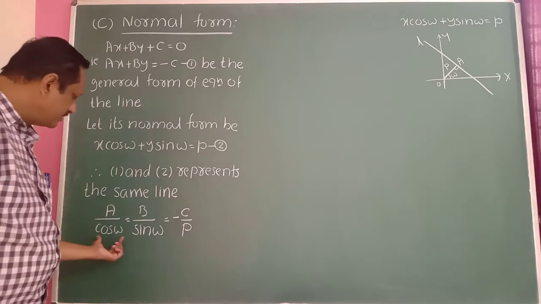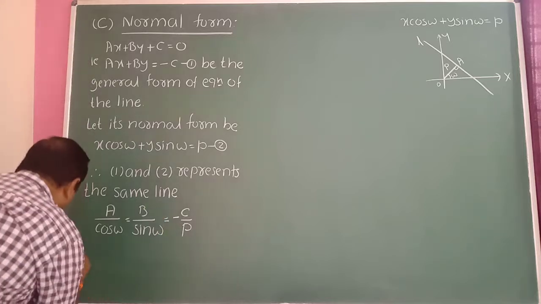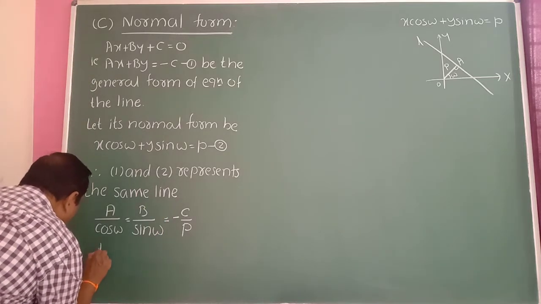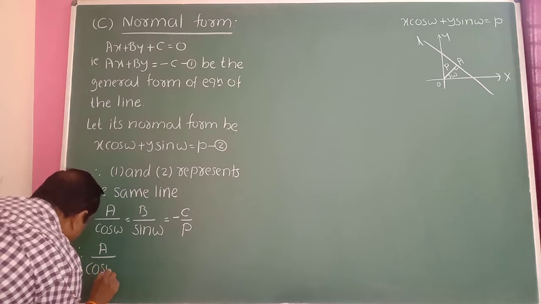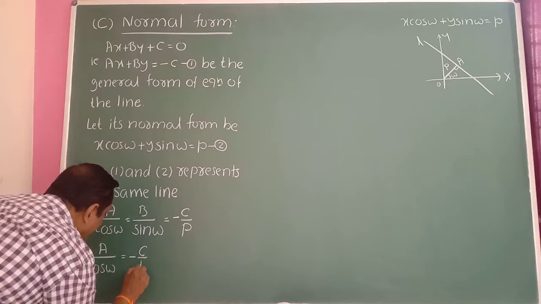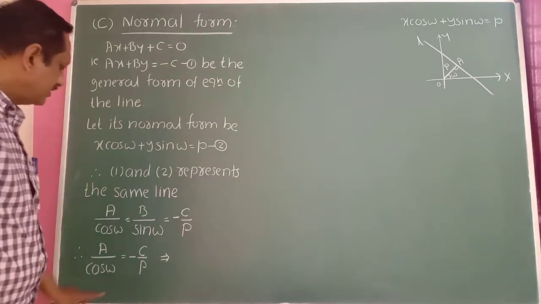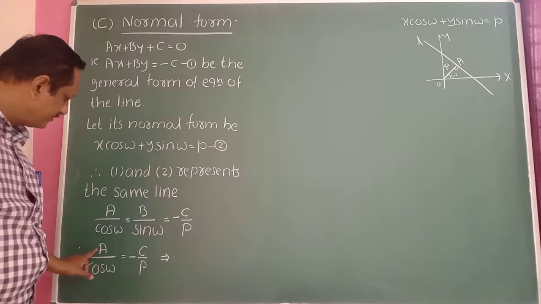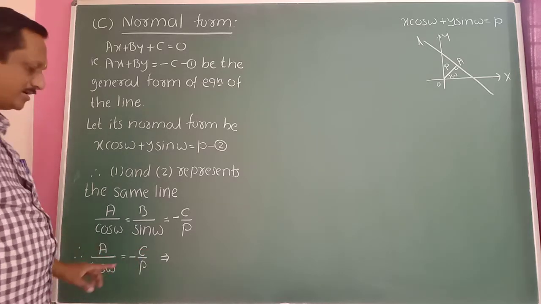Taking the first and last ratio, equate them. Therefore, A divided by cos omega is equal to minus C divided by P. This implies just take this P to this side, minus C to this side, cos omega to this side, cross multiply.